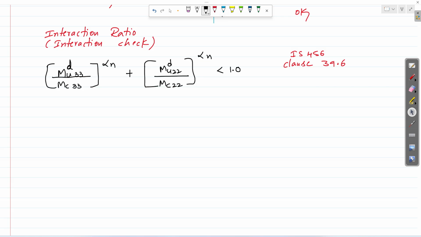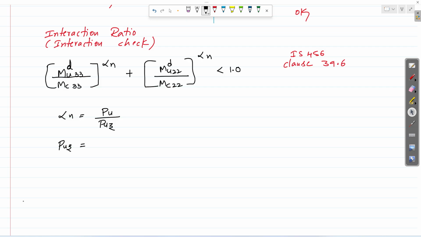First you calculate alpha n. Alpha n equals Pu divided by Puz. So first you need Puz.